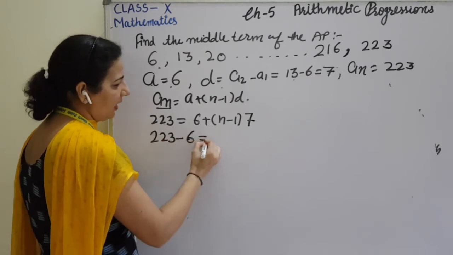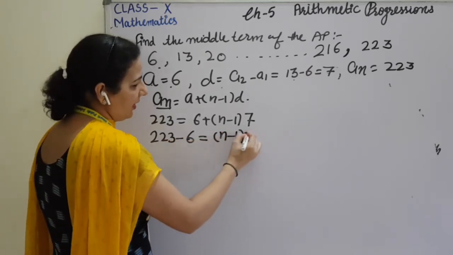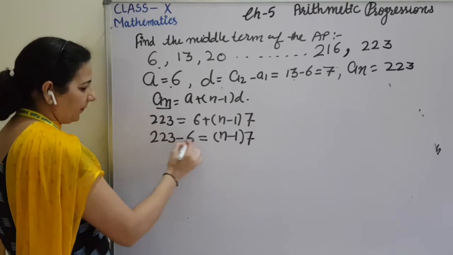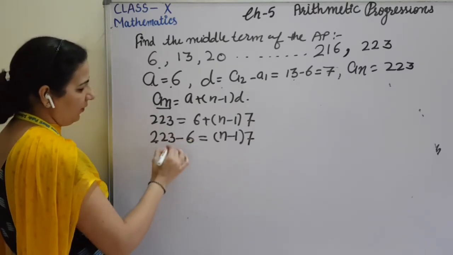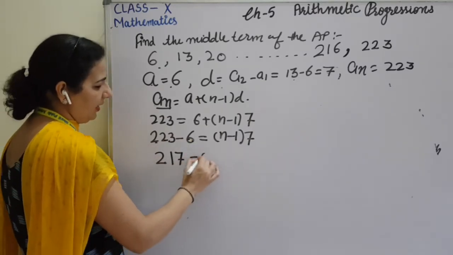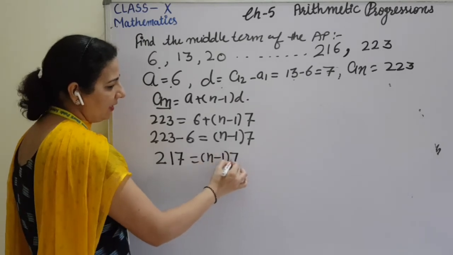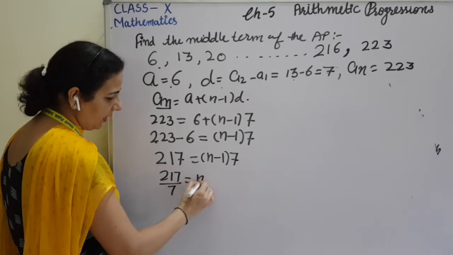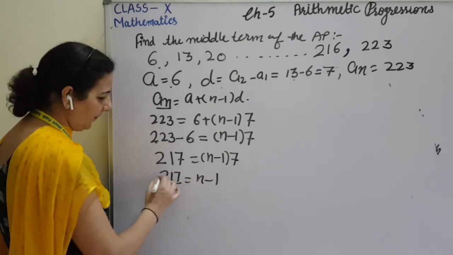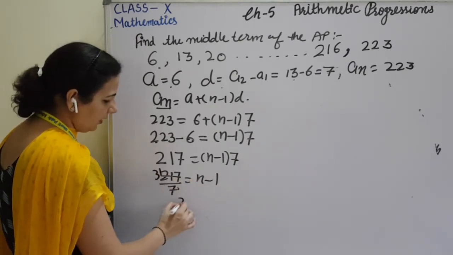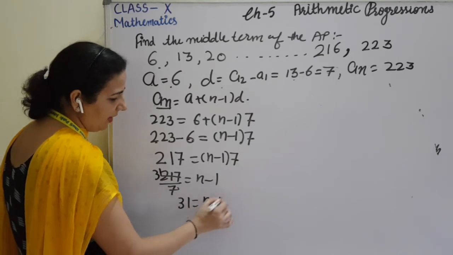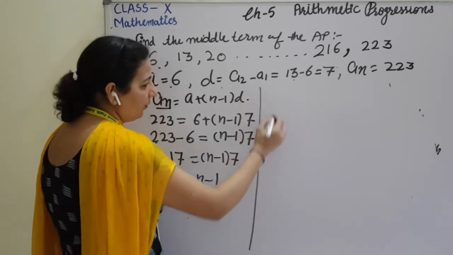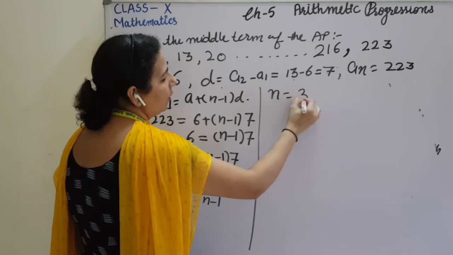So 223 minus 6 is equal to (n minus 1) into 7. It is 217 when you subtract. So 217 upon 7 is the value of n minus 1. That is 31, the value of n minus 1. Now n will be 32.